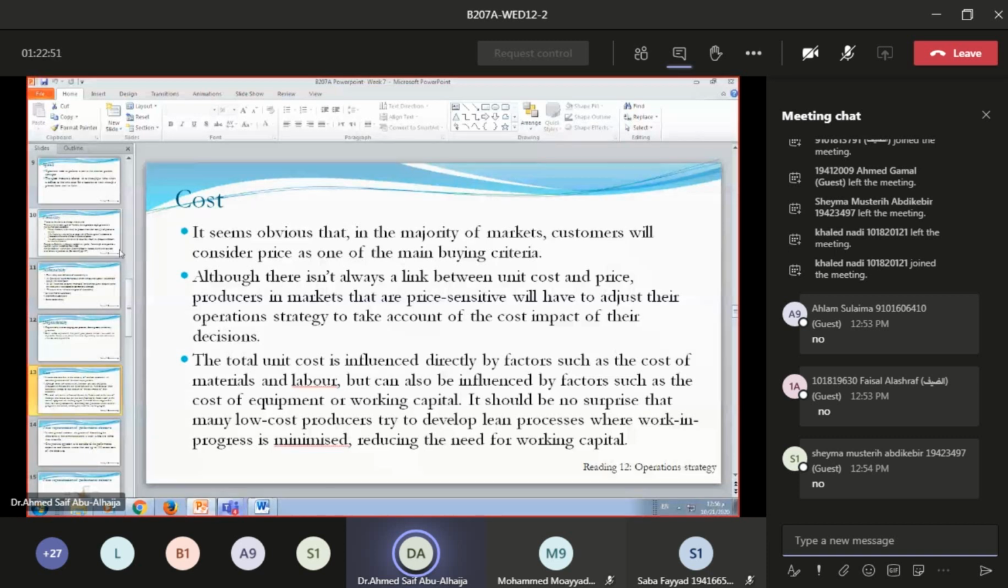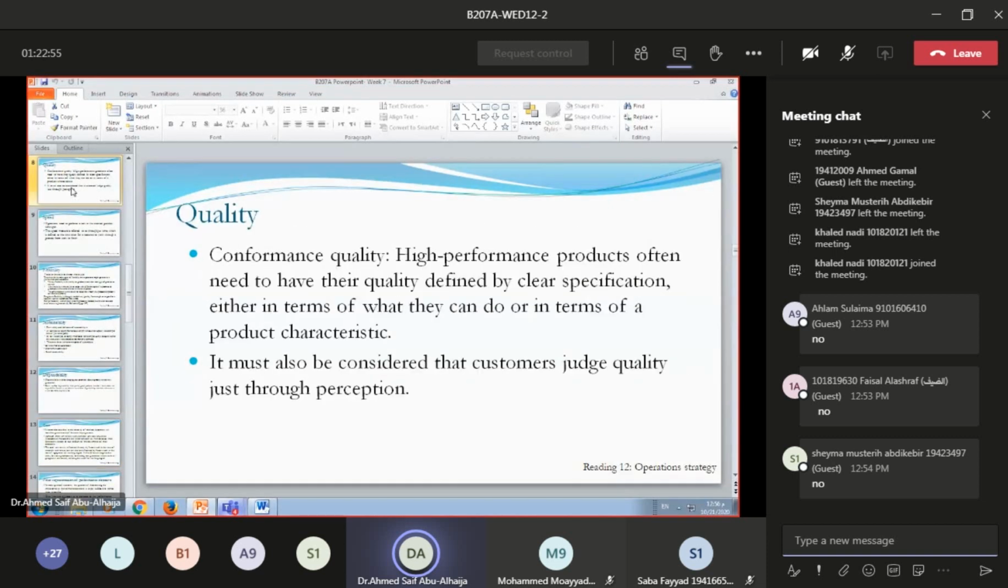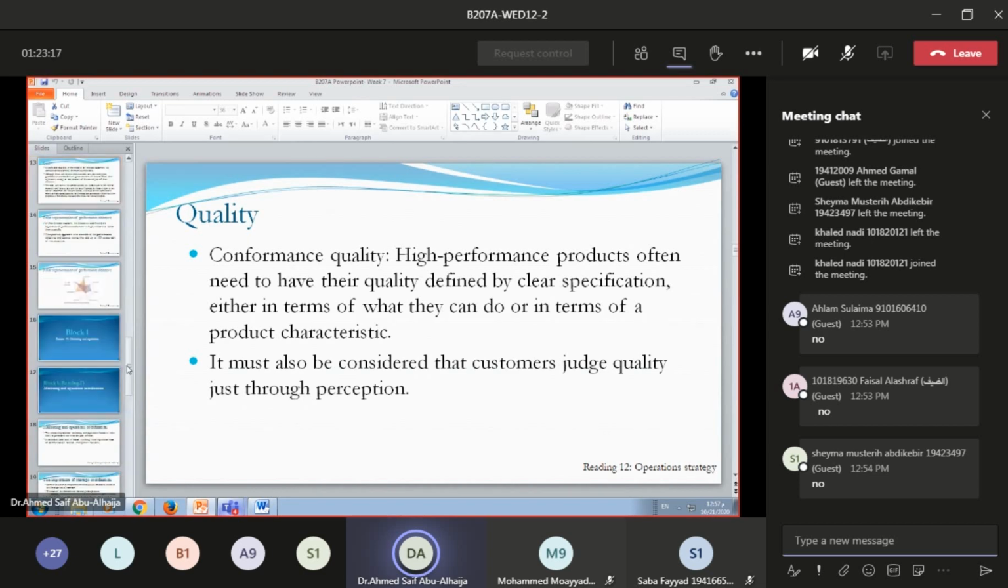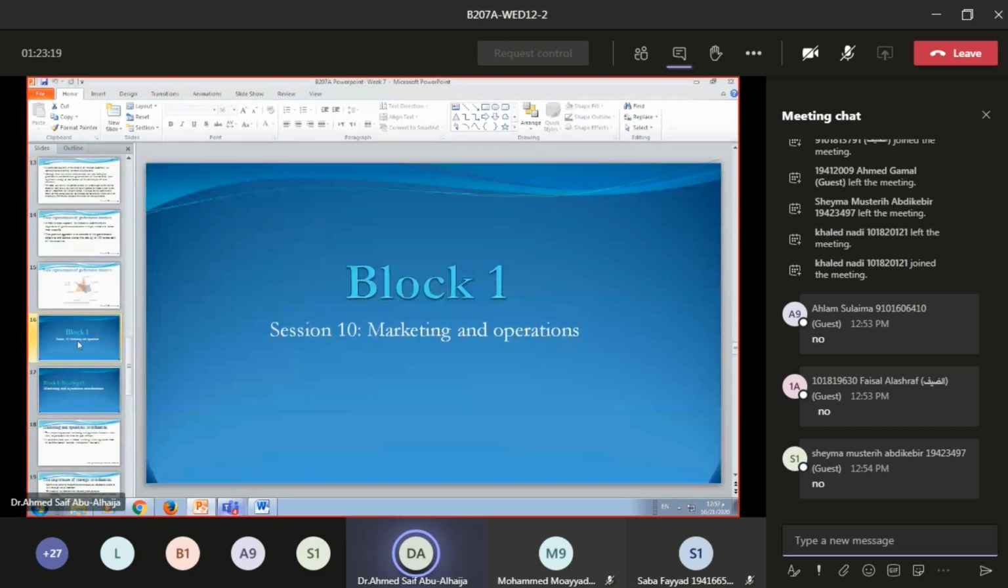Maybe in other markets, quality is considered more important than the others, because customers there look first for quality. Then they think about cost, then flexibility and sustainability. So it depends on the market, right? So that's why.